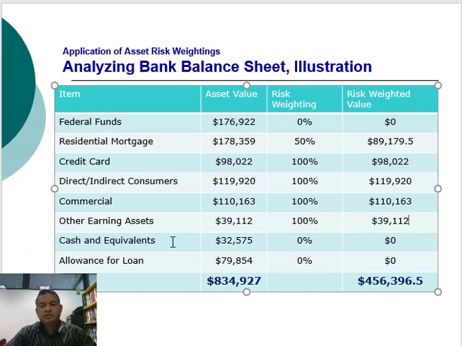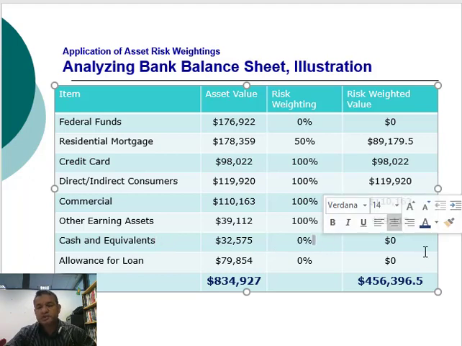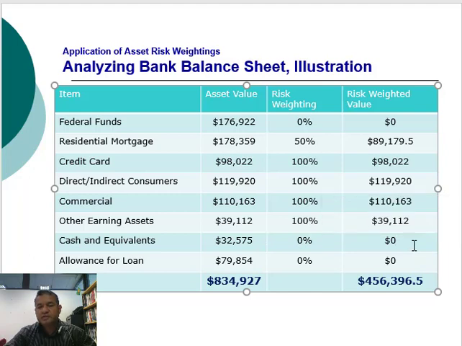Cash and cash equivalent, as we know, doesn't have any risk, so the risk weighting will be 0% and risk weighted asset value is 0%. Allowance for the loan and leases, which is 79,854. As we know, the allowance is like a reserve fund where they put cash as a reserve, so the risk weighting will be 0% and risk weighted asset value will be 0%.